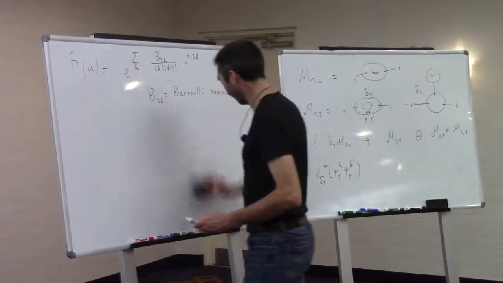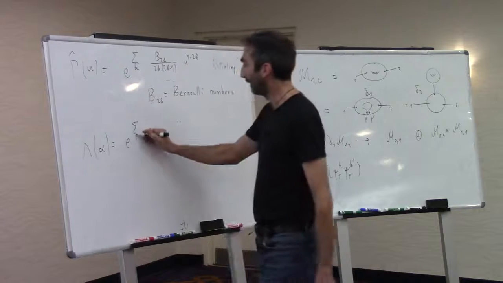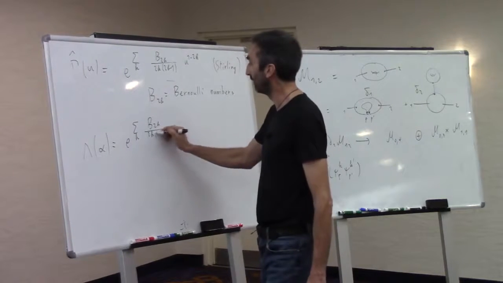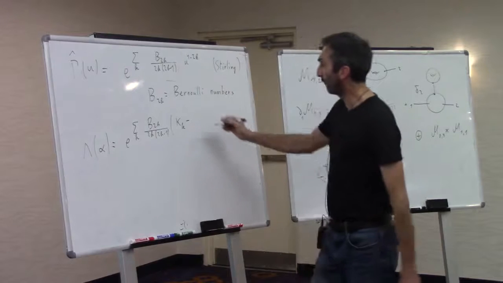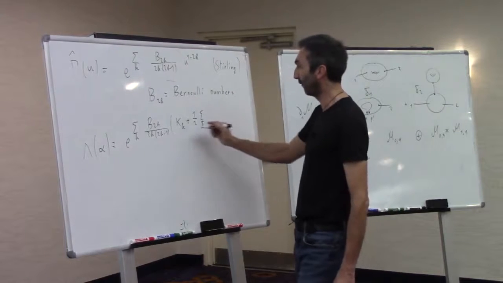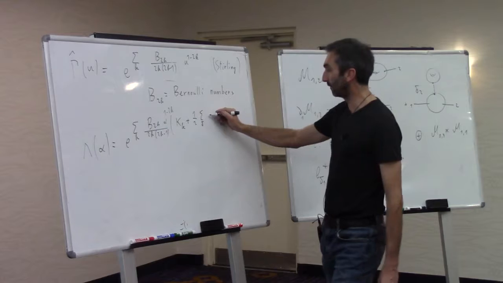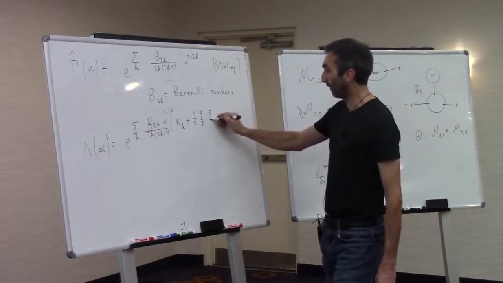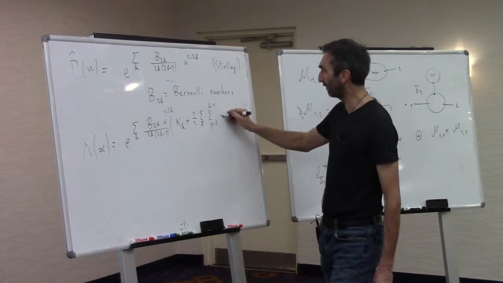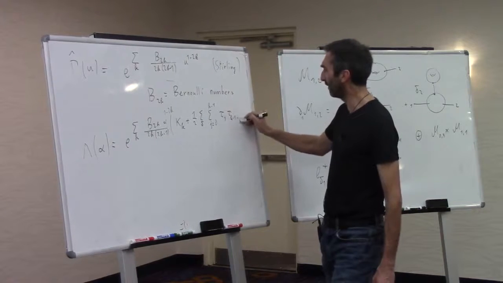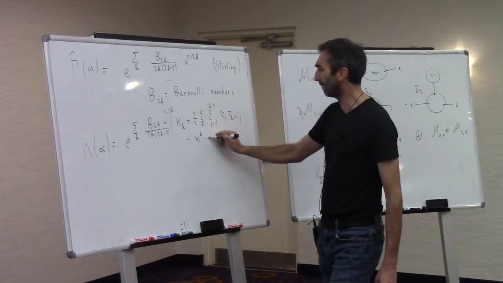So let me introduce the following quantity: lambda alpha equals exponential sum of k d2k, 2k minus 1 kappa k, plus 1/2 of sum of delta, alpha to the 1 minus 2k, delta sum over k plus L, sum over j equals 0 to k minus 1, tau k minus 1 minus j, and minus psi 1 to a k minus psi n to a k.